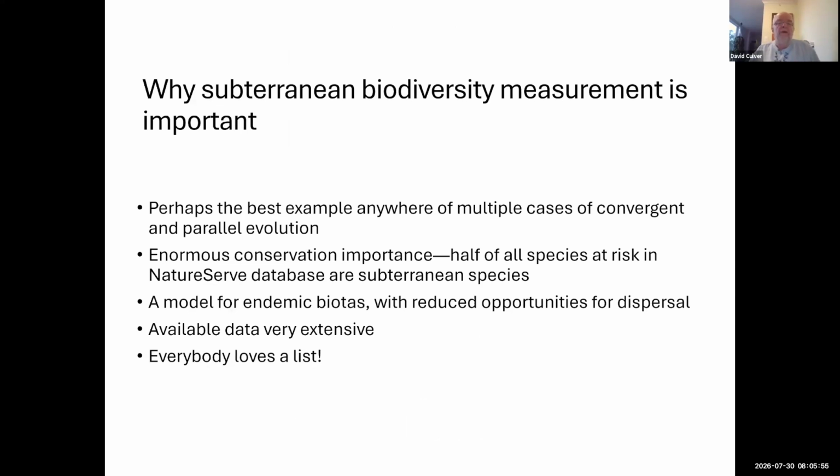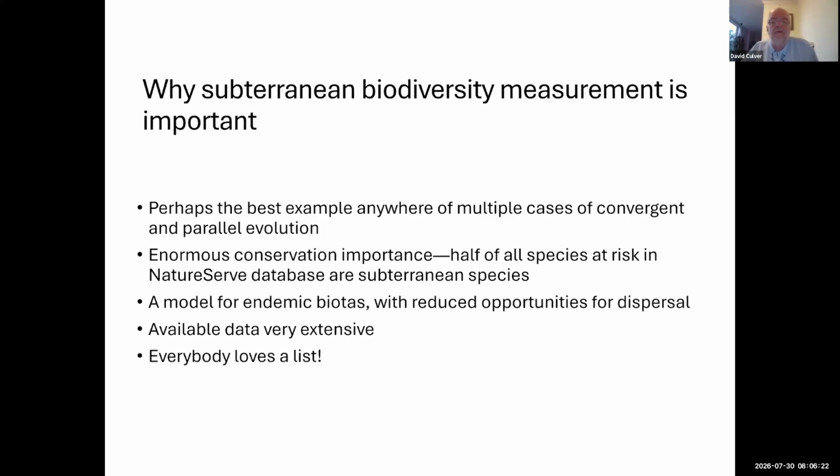So why do we want to try to measure biodiversity? Well, for one thing, there's a lot of data because what we're looking at are lists of species. How many species does this cave have? How many species does that cave have? So in fact, there's an extensive data set. And caves are perhaps the best example of multiple cases of convergent and parallel evolution.